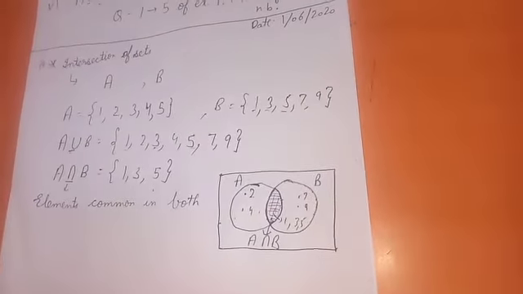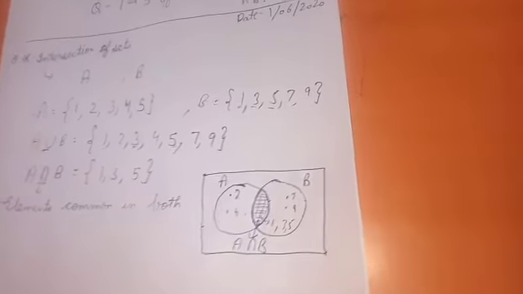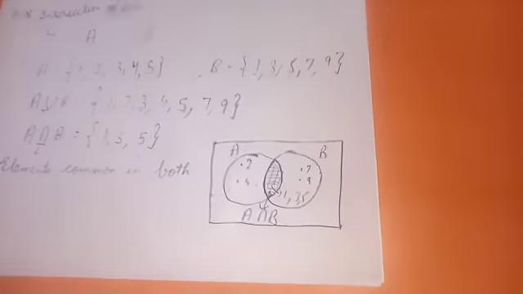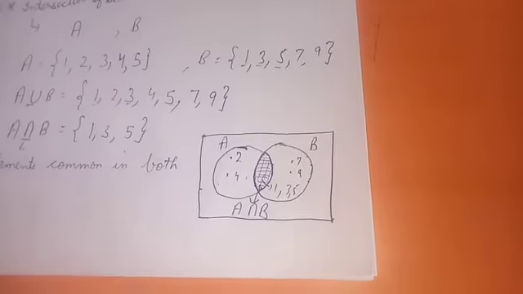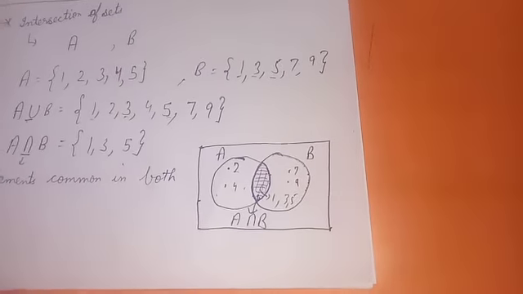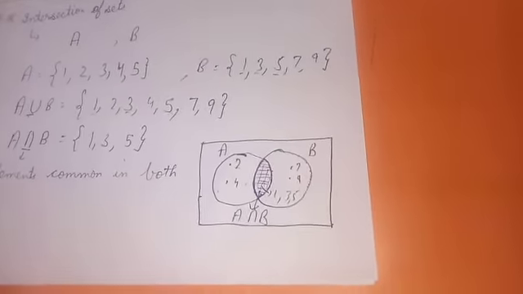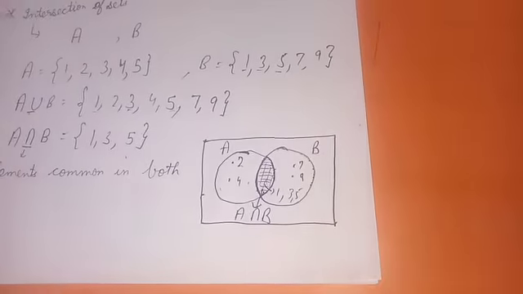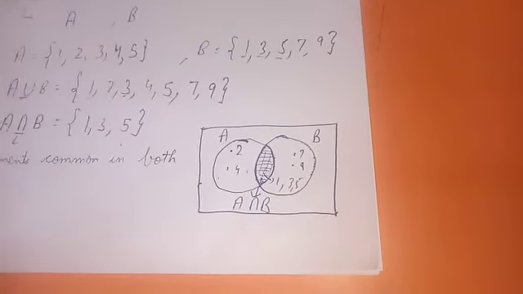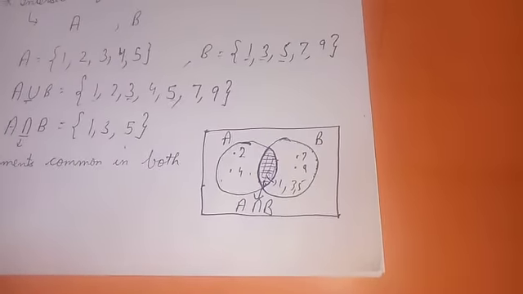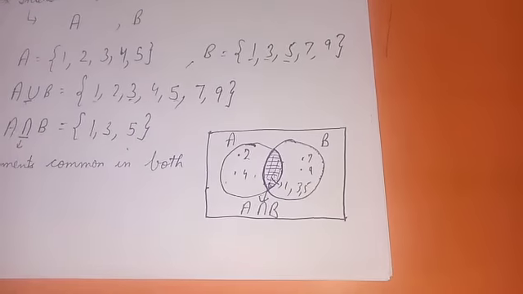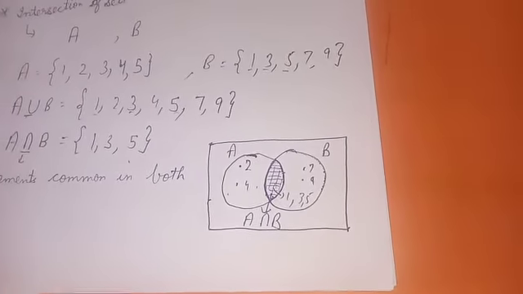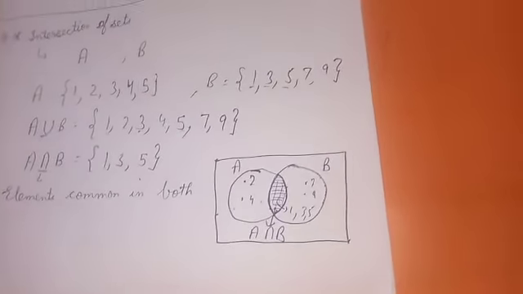Now example 15 is given to us, that we have to find the intersection of A and B, given in example 12.